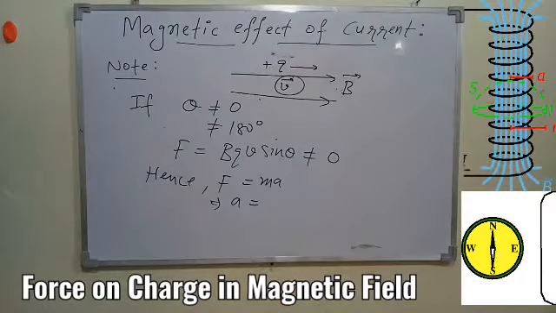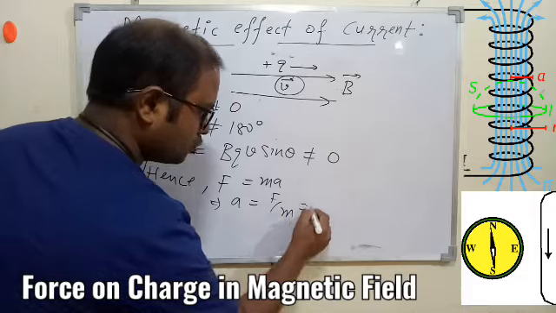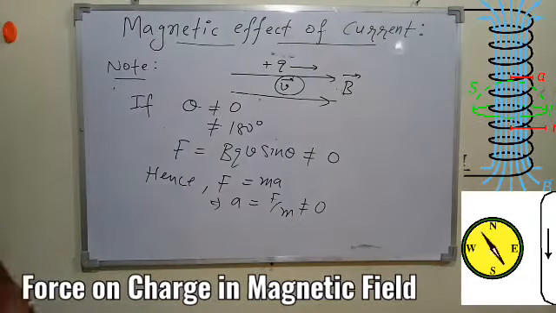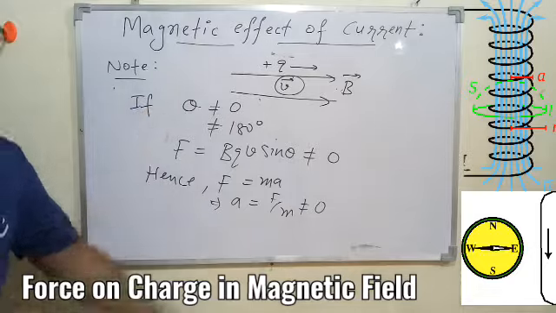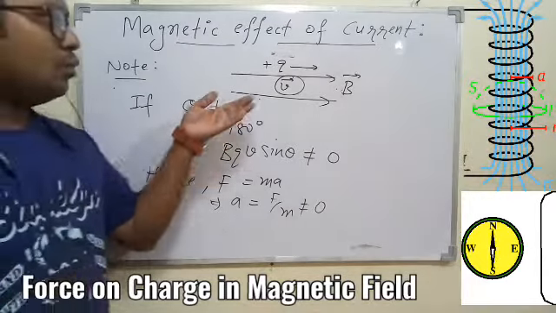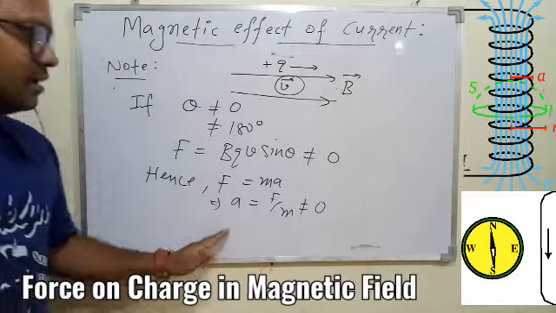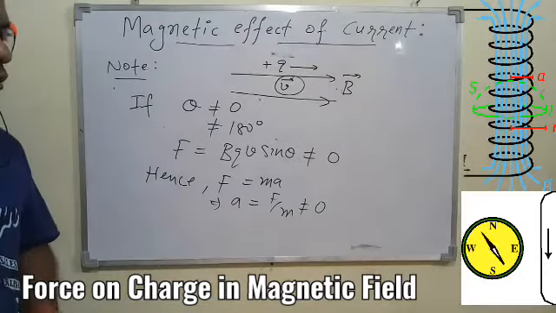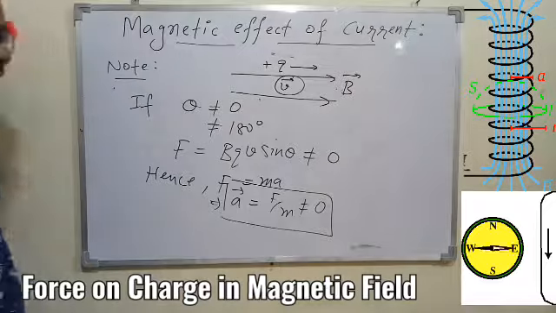Understood? So force is non-zero now, so acceleration F by m will also be non-zero. Overall there will be some acceleration, meaning the charge will start accelerating when it is placed within the magnetic field at an angle other than 0 degrees or 180 degrees. So you can remember, it will have acceleration.